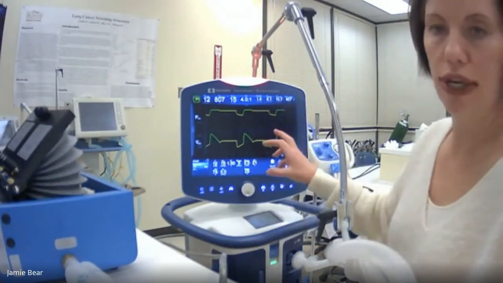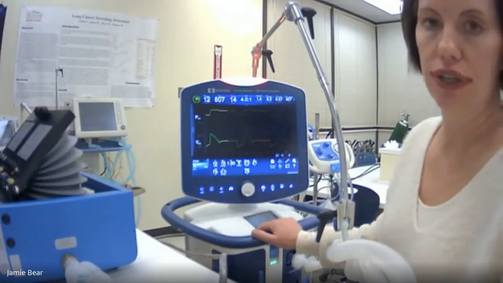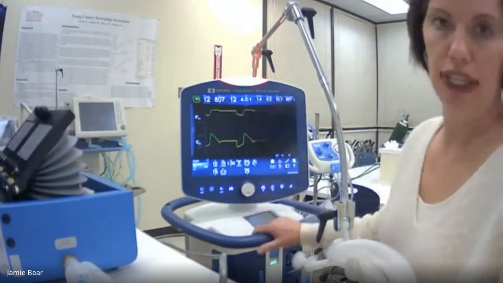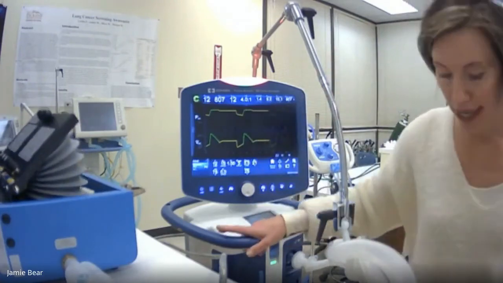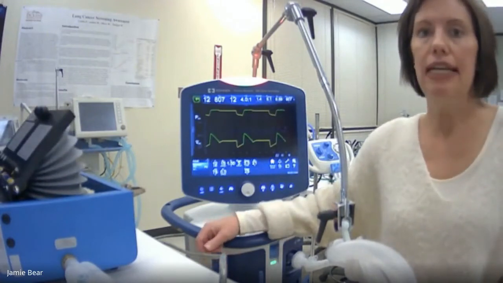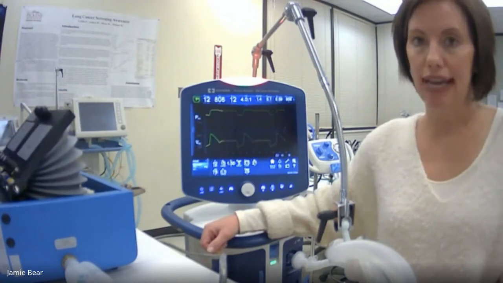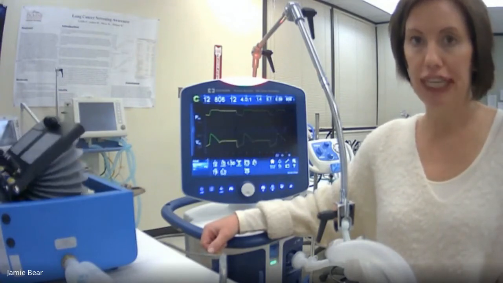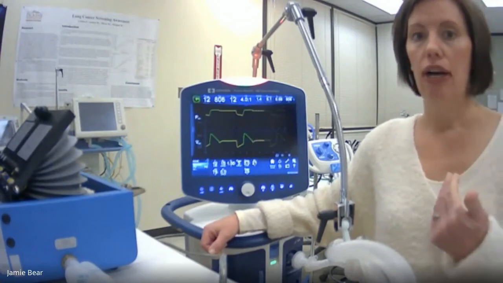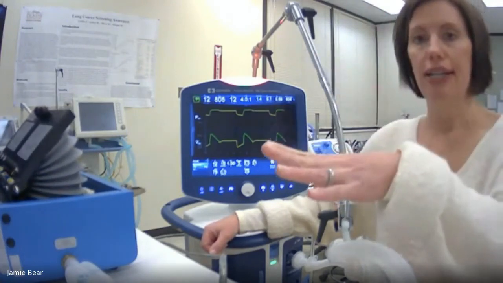So why you would want to do bilevel or APRV, as I said, it's called different terms on different ventilators. The reason you would do that at the hospital and at the NBRC hospital is if you have a patient that you are maxing out settings on conventional ventilation and you're looking for another way to oxygenate the patient, then you can try this APRV.